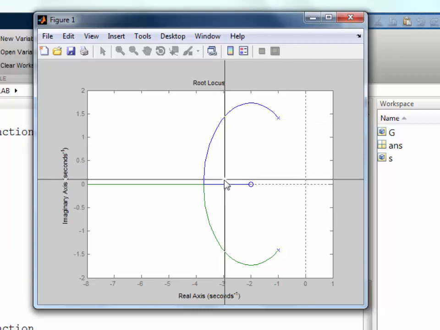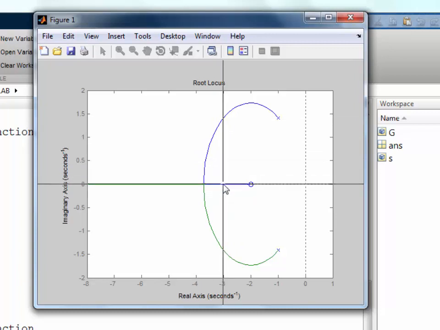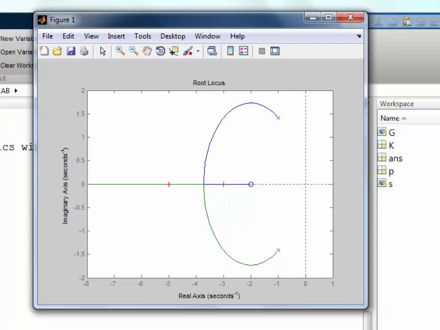So for example, we had discussed how if we had placed a pole exactly at -3, we would get one real pole at -3, but we would also get another pole out here to the left that was faster. So let's go ahead and click on this point -3, and we can see that the value of the gain that places us there is approximately 6, and it looks like we get a closed loop pole at -3 and another closed loop pole at -5.